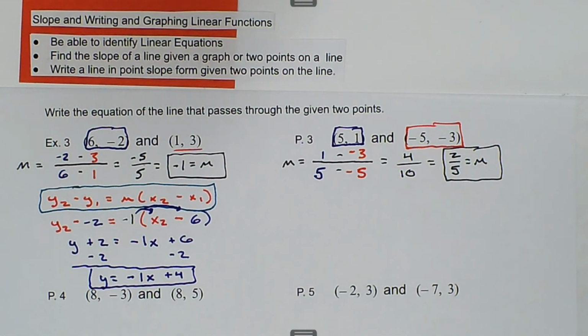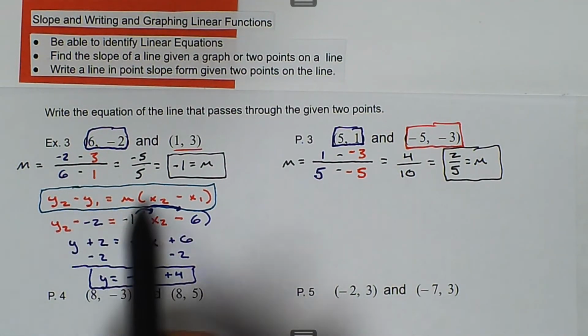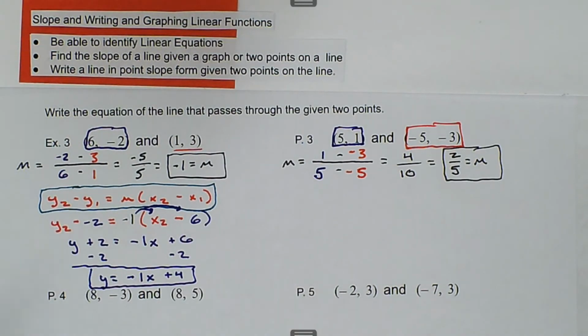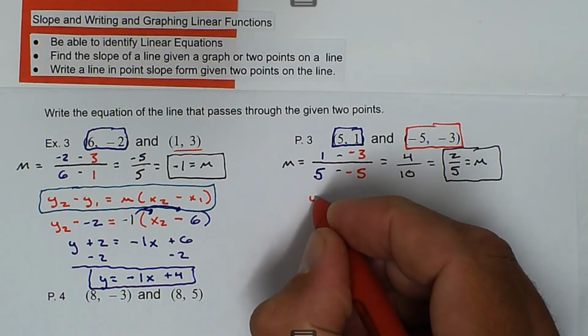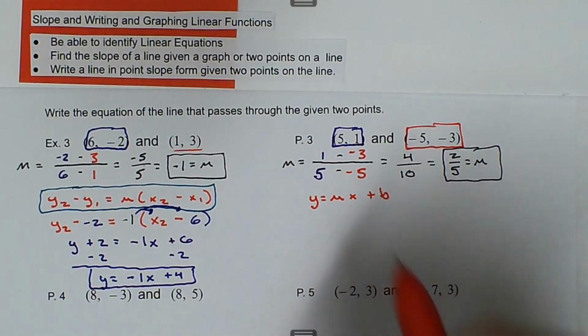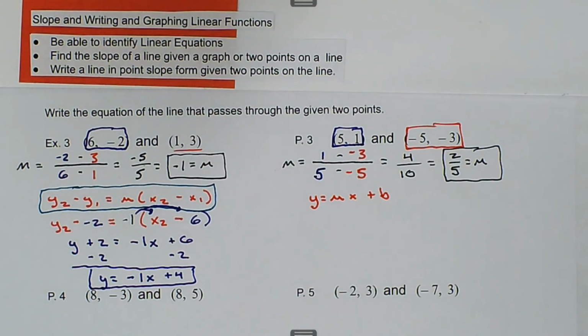Now, instead of using the point slope form that we used before, we can write it down as y equals mx plus b. Then we can pick one of the points and the slope and calculate what our b is.